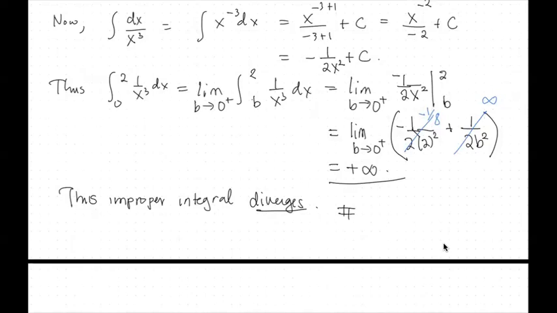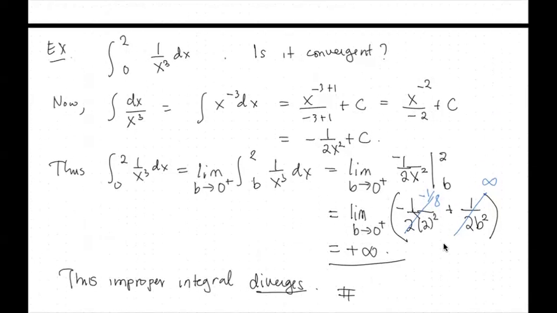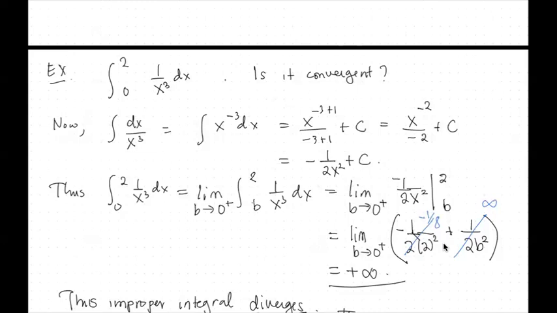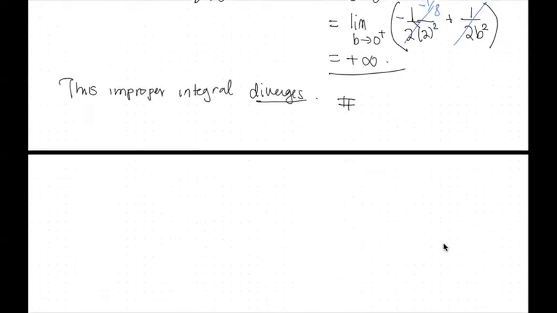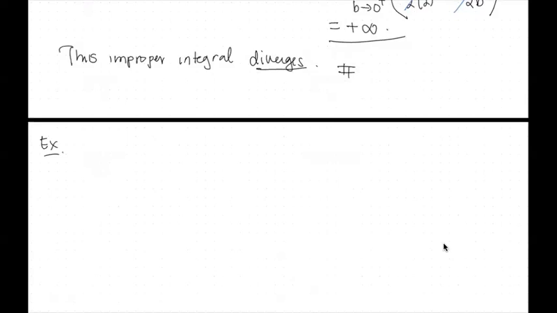So now here we have a discontinuity. This f, 1 over x raised to 3, has discontinuity at x equal to 0. Now let us look at the example, which is just an extension of our first example here.